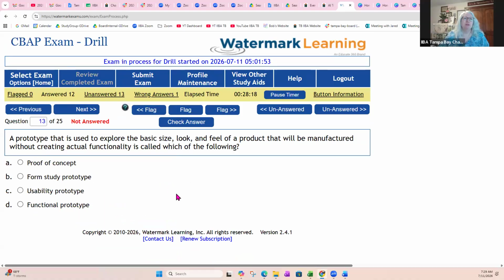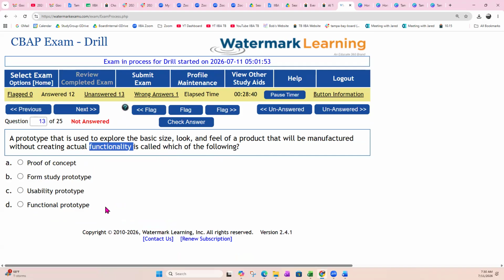A prototype that is used to explore the basic size, look, and feel of a product that will be manufactured without creating the actual functionality is called which of the following? Is that called a proof of concept, form study prototype, usability prototype, or functional prototype? Proof of concept?